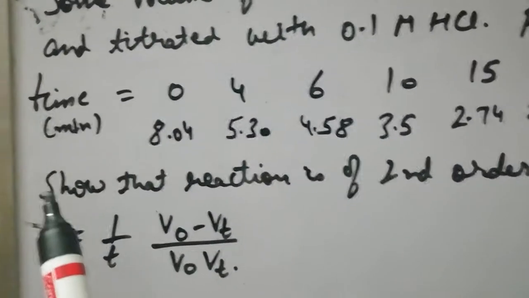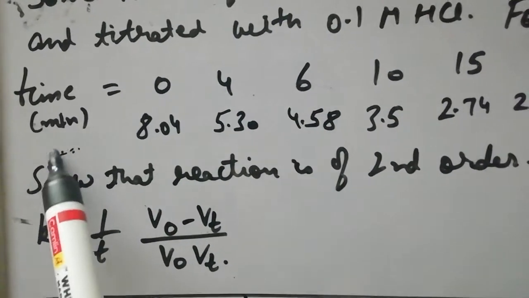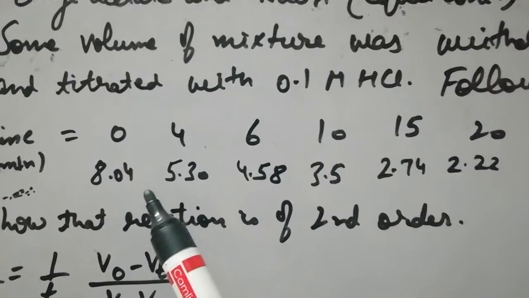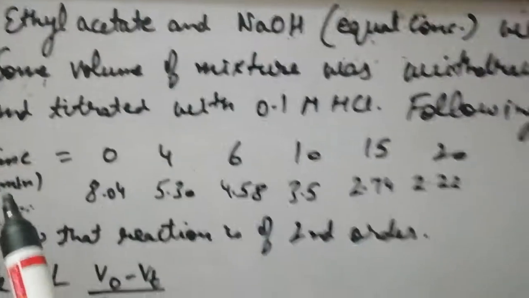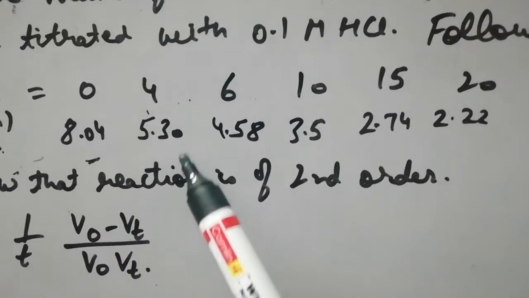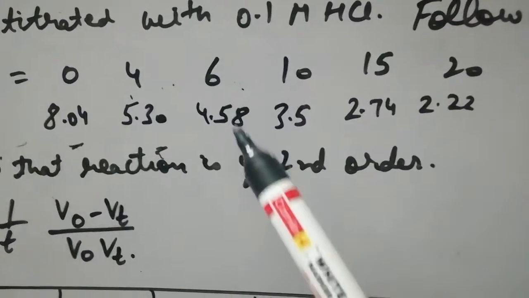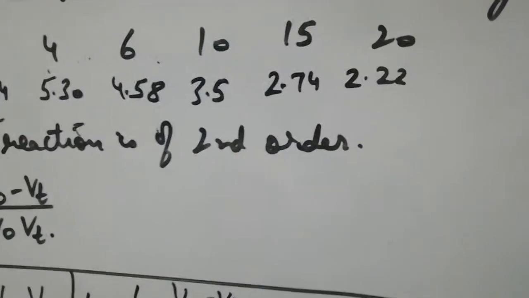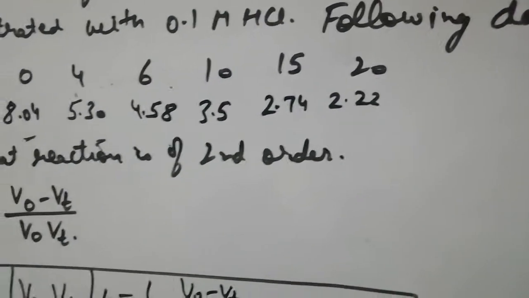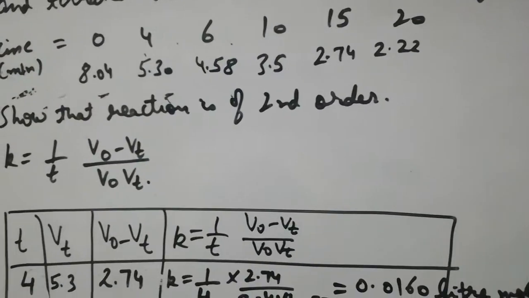Time, and this is the concentration of product. At 0 second, this is the concentration of product: 8.04. At 4 seconds 5.30 moles per liter, at 6 seconds 4.58, at 10 seconds 3.5, at 15 seconds 2.74 and at 20 seconds 2.22. So show that the reaction is of second order.